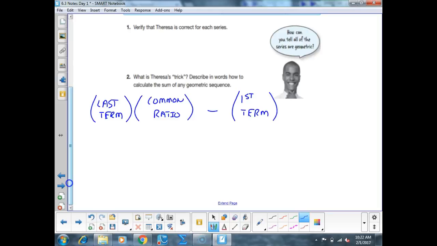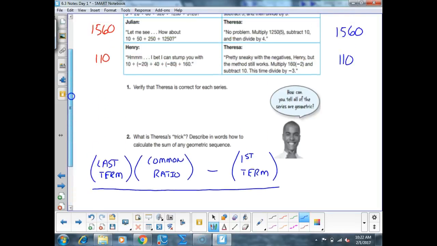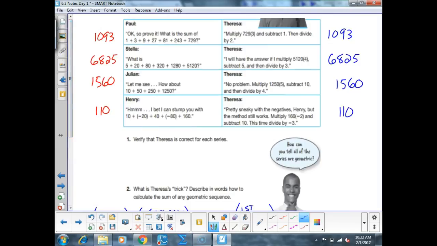What's that? She divides by what? Because we don't have a D in here because we're geometric. We only got R's. So what did she divide by? Let's go back and look. In Paul's method, she divided by 2. In Stella's method, she divided by 3.